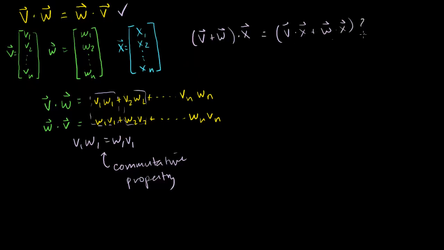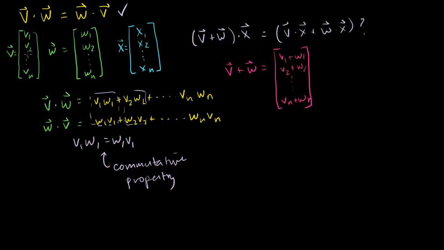So let's see if this is true for the dot product. So what is v plus w? v plus w is equal to, we just add up each of their corresponding terms: v1 plus w1, v2 plus w2, all the way down to vn plus wn.